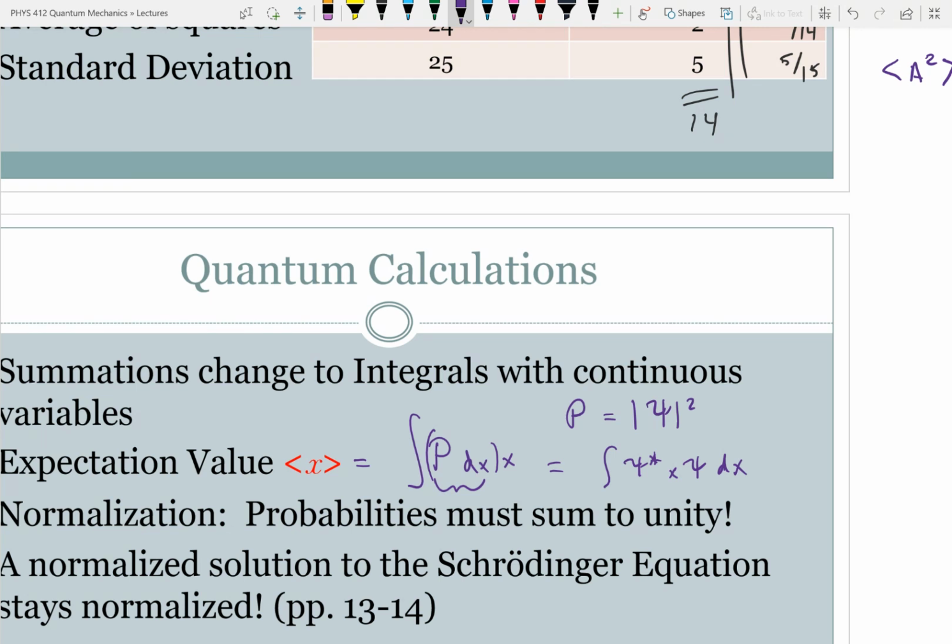I changed the order because that's actually how we solve it for anything. We use an operator here. We'll learn about it later. But that's still psi mod squared is psi star psi. And so we have the psi star psi in there. And then we have our operator, which it turns out the x operator acting on psi gives you x. And then you do the integral. So this is how we find the expectation value for a continuous system, for our quantum mechanics.